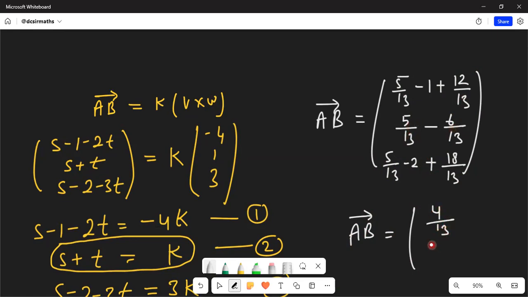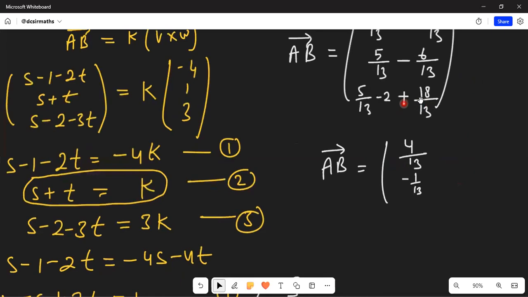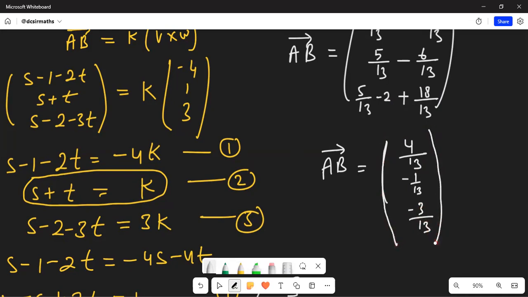And this is negative 1 by 13. And let's calculate this also. 5 plus 18 should be 23, and 23 minus 26 is negative 3 by 13. So I get my AB vector as this.